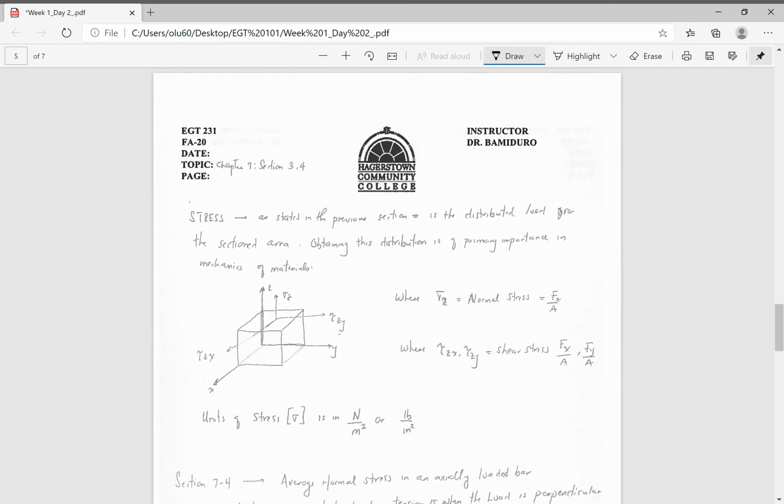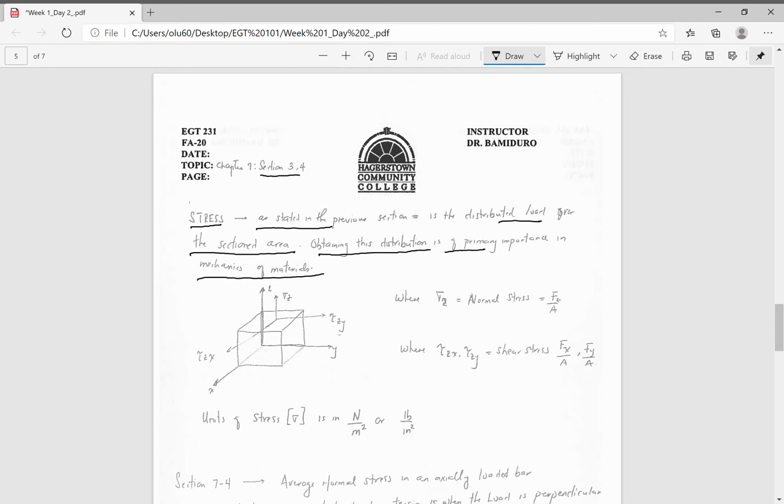So if we move forward into sections 3 and 4, stress, as stated previously, is nothing more than a distributed load over a sectional area. So obtaining this distribution is of primary importance in mechanics of materials.